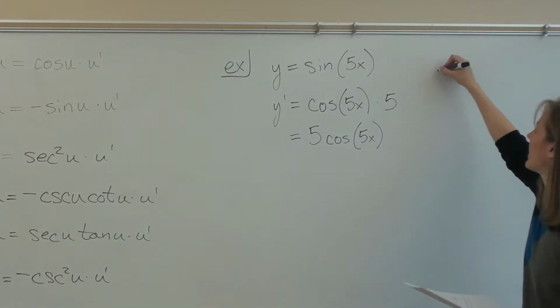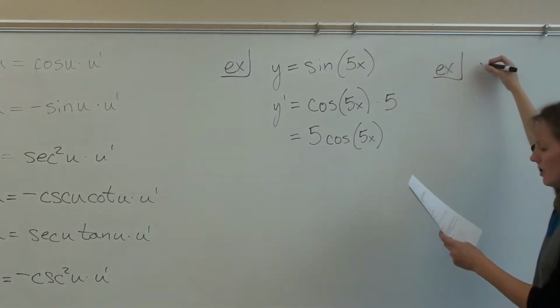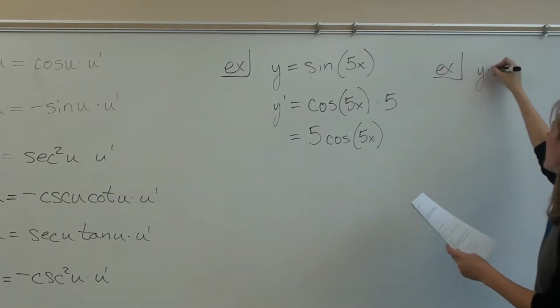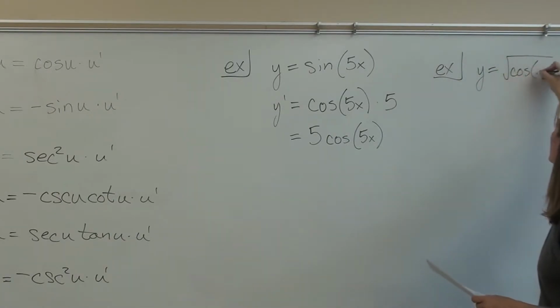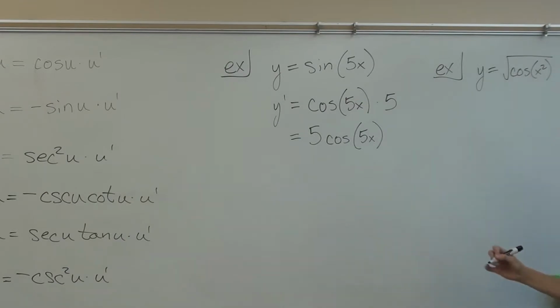Alright, taking it up a little notch. Suppose y equals the square root of cosine of x squared. So the first thing, of course, you would do to differentiate this function is you would rewrite it as cosine x squared to what power? 1/2.